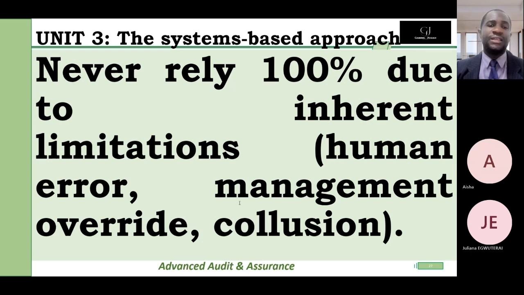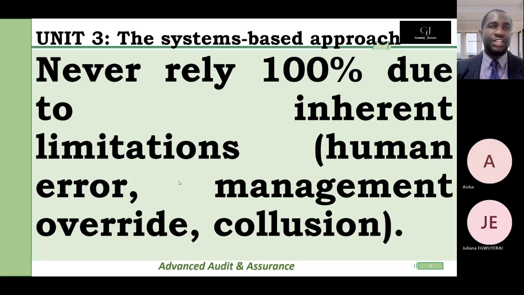So it's important to know that if controls are effective, auditors never rely 100% due to, like I said, the human limitation, inherent limitation of internal controls. There's always a residual or inherent risk, and it comes as a result of human error, collusion among employees, management overrides of controls, and these are factors that would make us not to rely on these systems, basically.